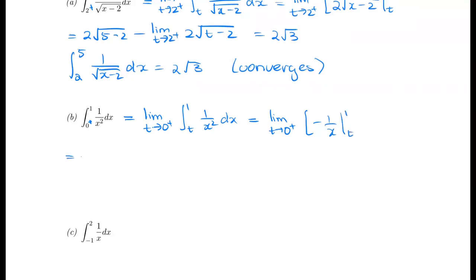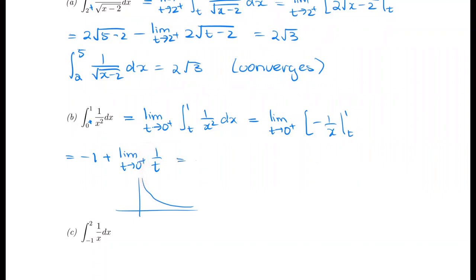So we have the first value, which is 1 over 1, so I'll put that as negative 1. But for the second value, we have plus the limit as t approaches 0 from the right of 1 divided by t. So what happens as t approaches 0 from the right? Well, if we draw the graph of this, as it's approaching 0, it's approaching positive infinity.